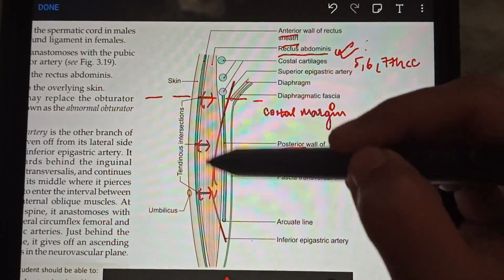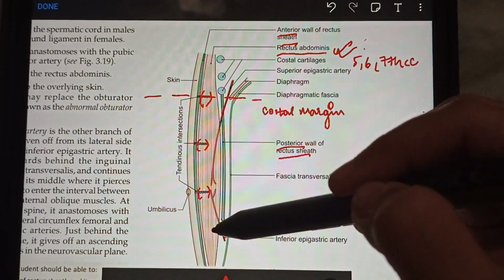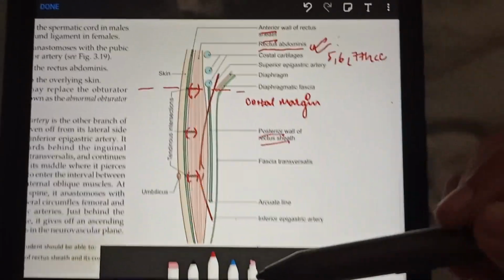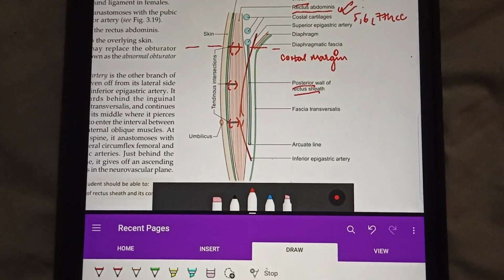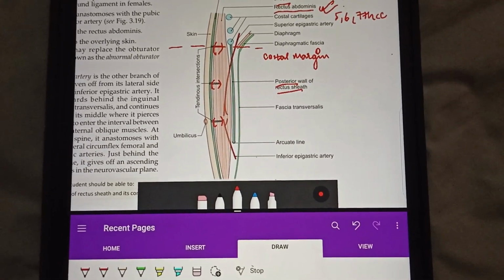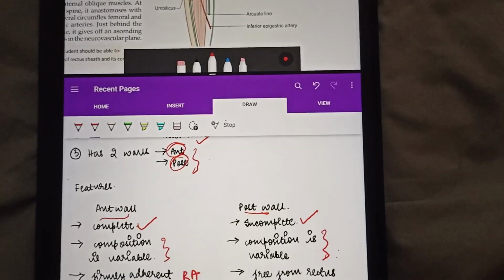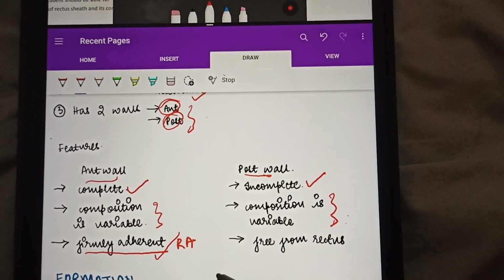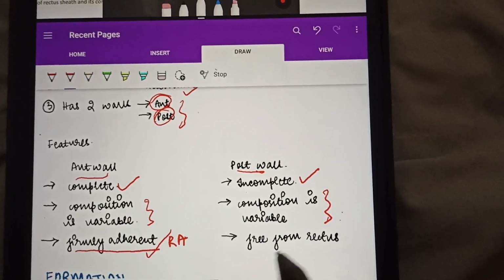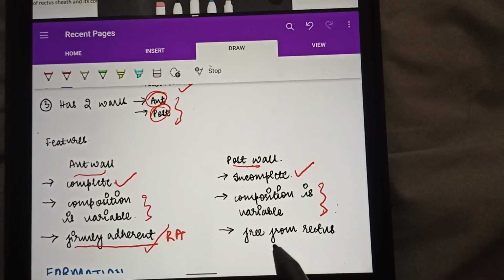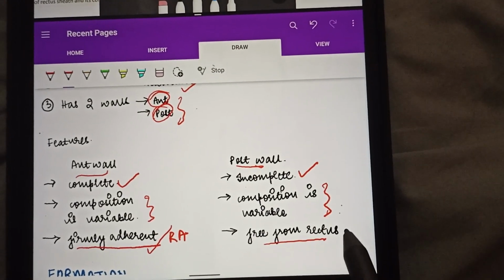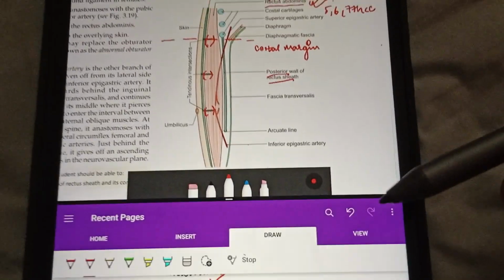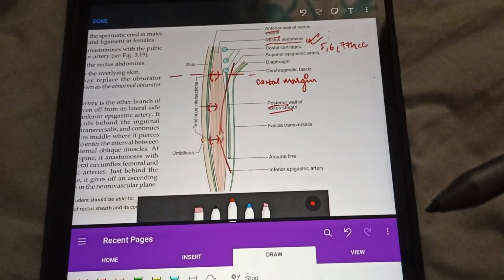That is how the anterior wall is closely adherent to the rectus abdominis muscle. But the posterior wall is free from the rectus abdominis muscle. So these are the features of the anterior and the posterior wall.